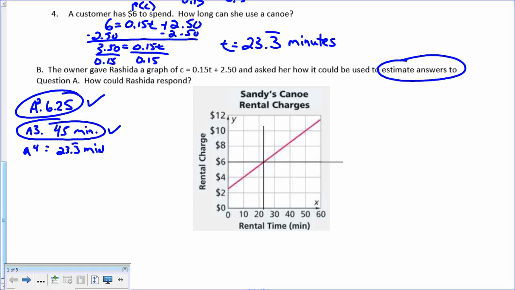And that line is a little more than halfway to 25. Let's say this little spot right here is 25. So it's closer to 25 than it is to 20. So we could say it's between 20 and 25 minutes, closer to 25. And of course, if you remember, our exact answer was 23 and a third. So that's how we can use the graph to estimate.